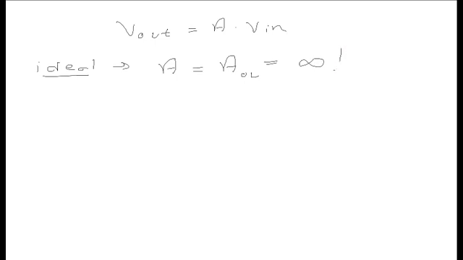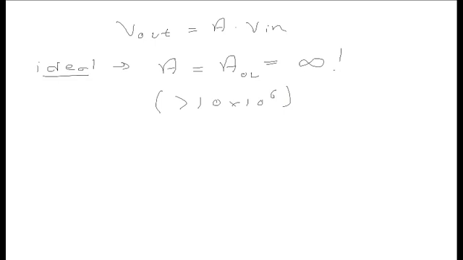We very rarely deal with actual infinities. However, the gain of a real op-amp is quite large. Often it's greater than 10 million. For the purposes of working with our circuits, it's sufficient to assume that it is in fact infinite.